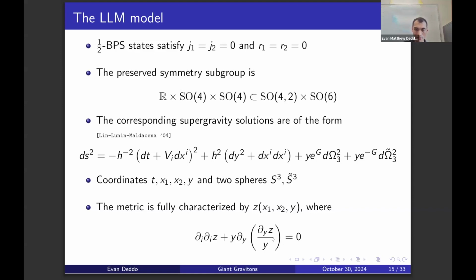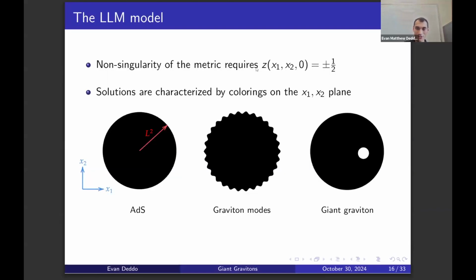Also, this data should just depend on boundary conditions on the x1 x2 plane with y set to 0. So we can analyze these boundary conditions, and we find that in order to have non-singularity of the metric, this boundary condition has to be either plus or minus a half.